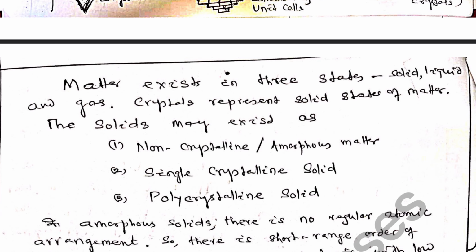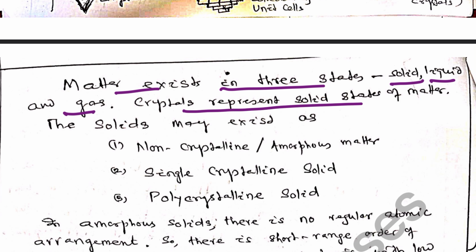And when we study the solid substances that result from consolidation of liquids or gases, we see that solids, liquids and gases are the matter that exists in the universe. And this matter is either solid, liquid or gas.